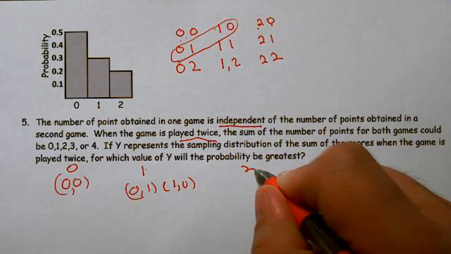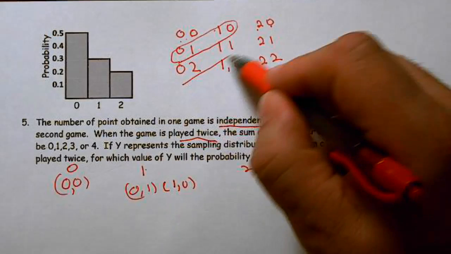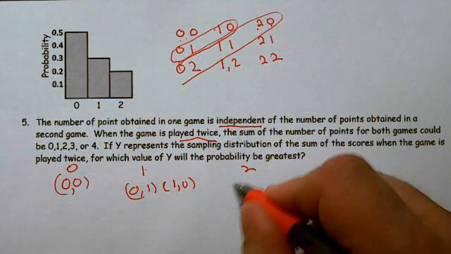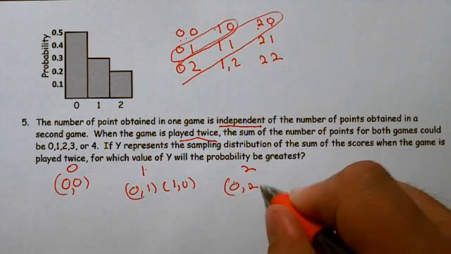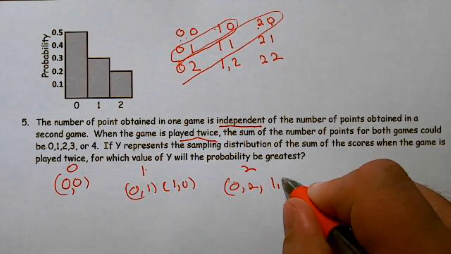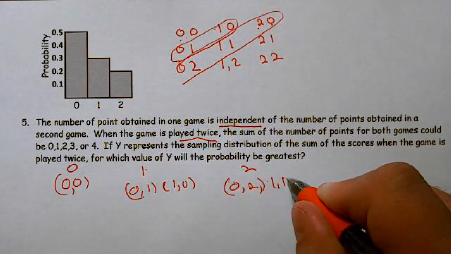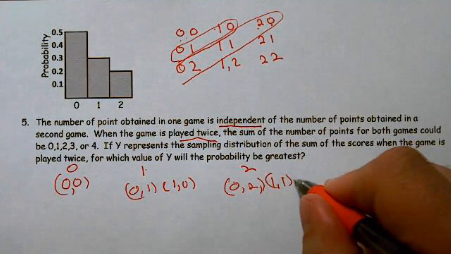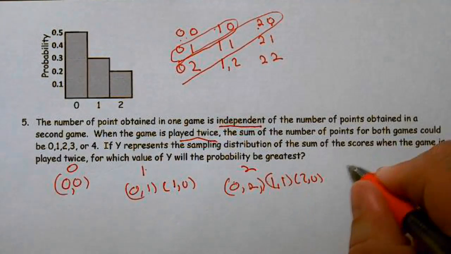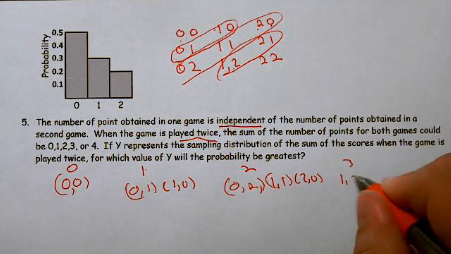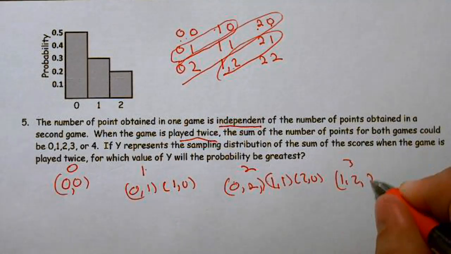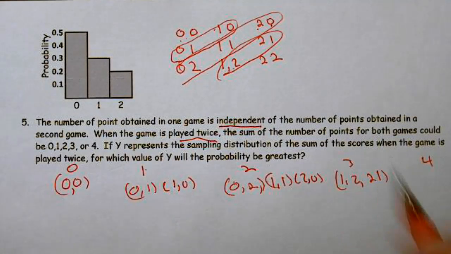To get 2 points, that's these three, which is 0, 2, 1, 1, or 2, 0. To get 3, it's 1, 2 and then a 2, 1, and for 4, I have to get a 2, 2.